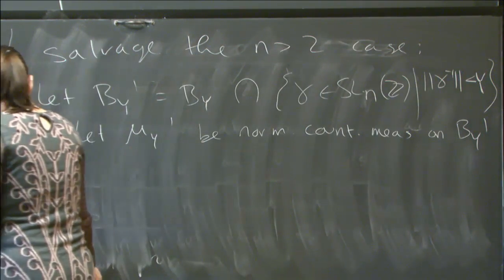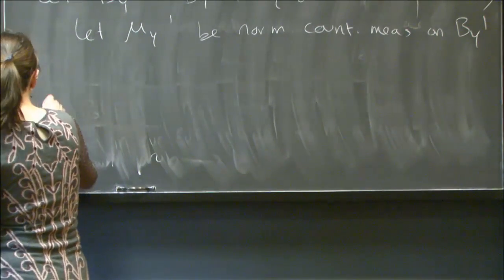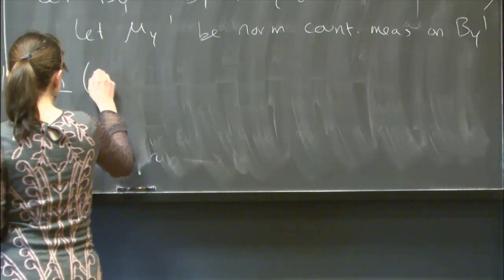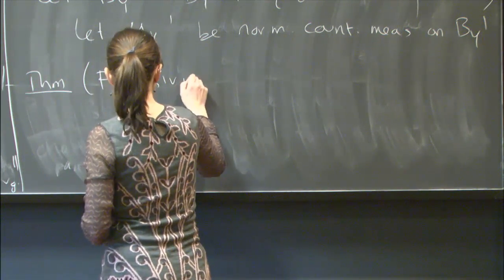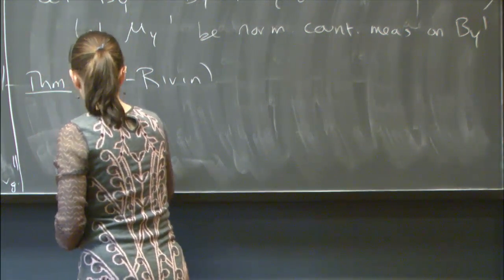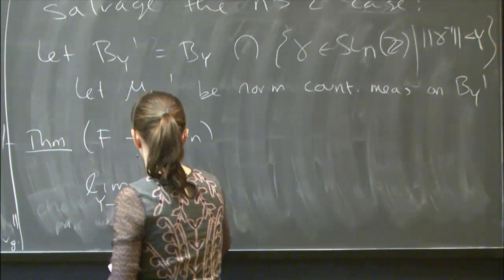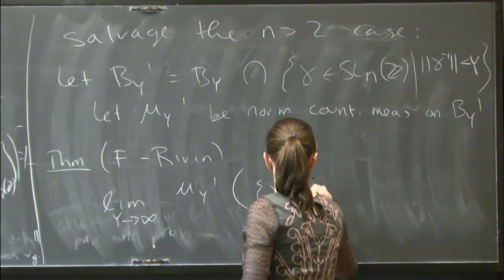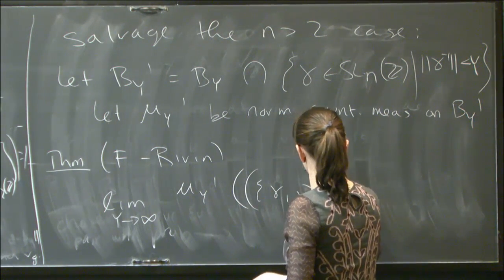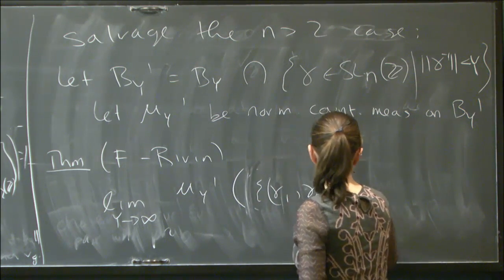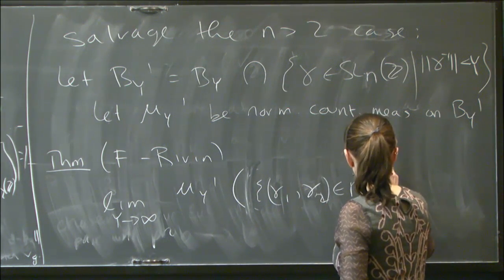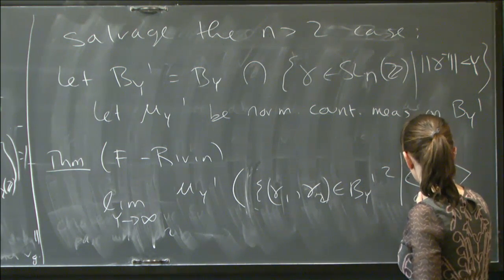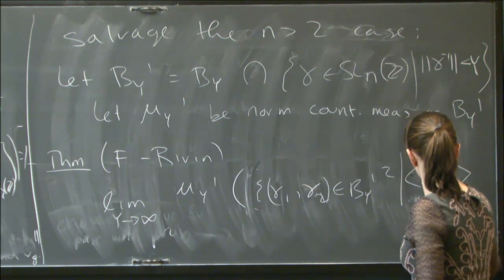Okay, so then we are able to show what we want: that the limit as y tends to infinity of mu_y prime of the pairs gamma 1, gamma 2 in B_y prime squared, such that gamma 1, gamma 2 generate a free group, tends to 1.